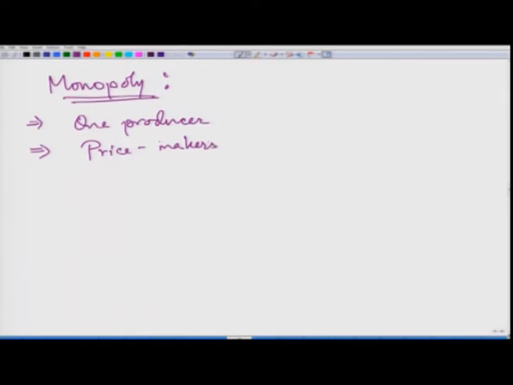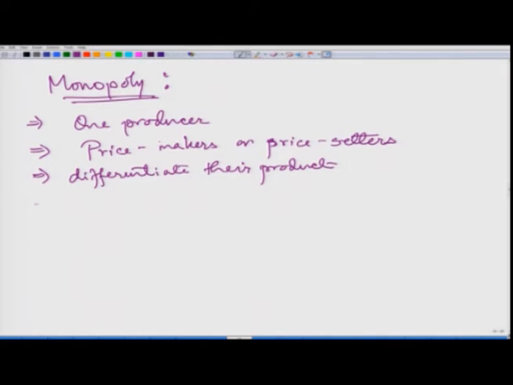Wherever a monopoly exists, that one firm dominates the market and can decide the price. So they are the price makers or price setters. They can differentiate their own product, because they are the only producer, supplier or provider. Generally in a monopoly market, there is a strong information asymmetry.